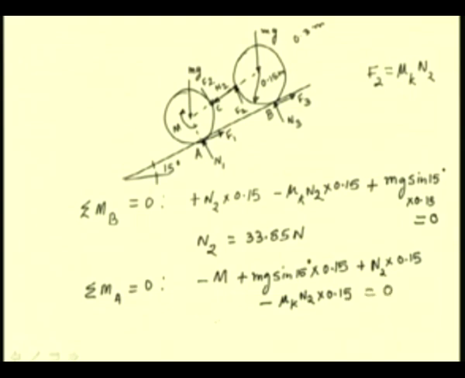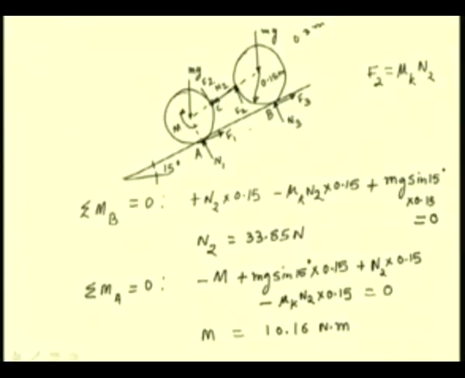So, from this we determine M as 10.16 newton meter. So, this is the required value of the moment in order to allow these cylinders to roll slowly down the incline.